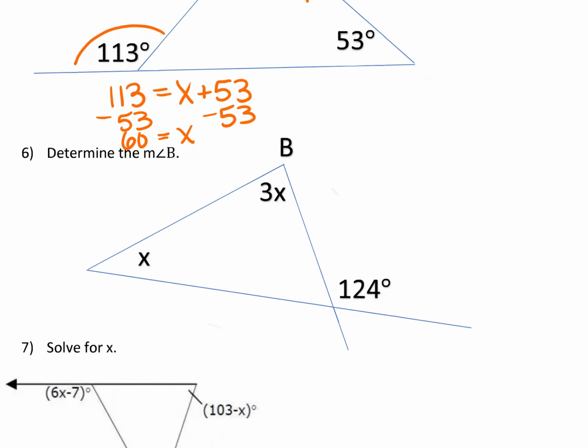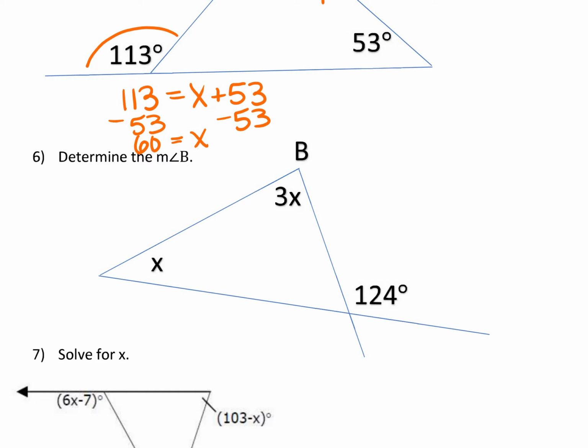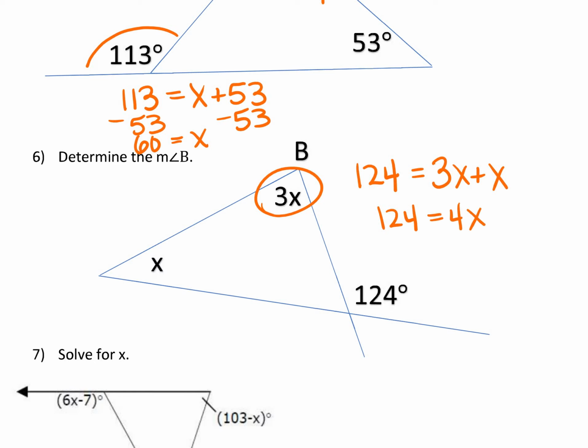All right. Determine angle B. So we're looking for the value of 3x. So the same setup, 124 is the exterior angle. It equals the sum of the two across from it that are the non-adjacent angles.